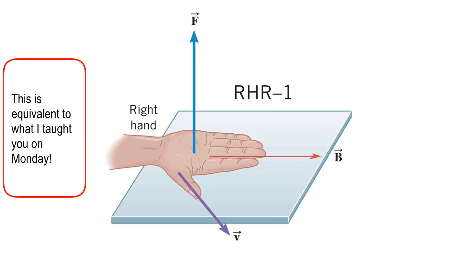I kept getting the velocity backwards from what they had written down, or the magnetic field. And what I found myself doing was using my left hand to do the right-hand rule, and that's why everything came out backwards.